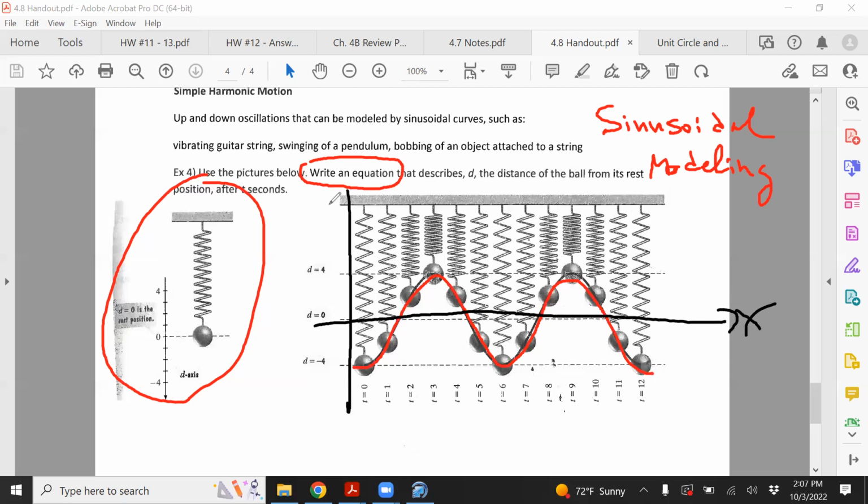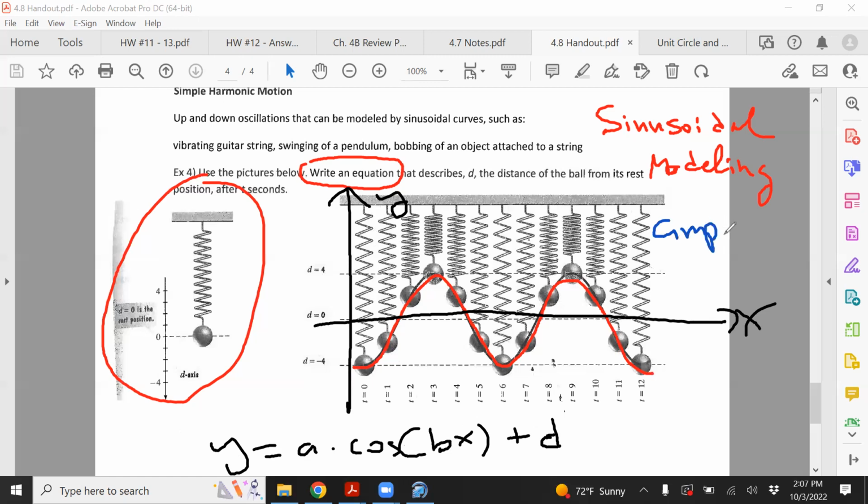So here's x, here's y. If you forgot, the equation of a cosine function is this. Now, what's my amplitude here? What do you guys remember? 4.